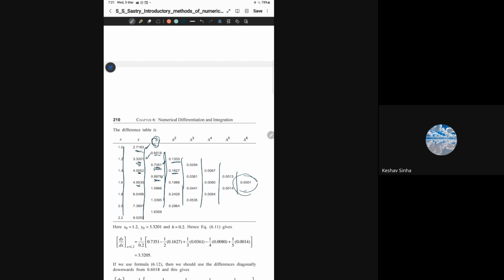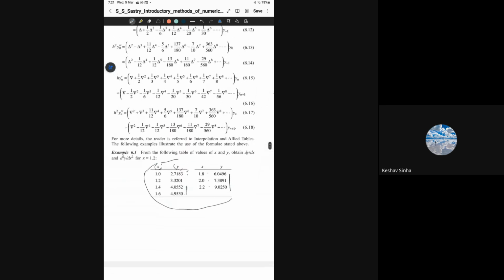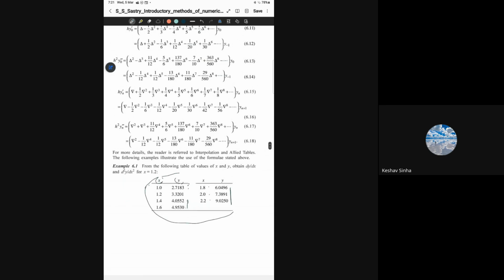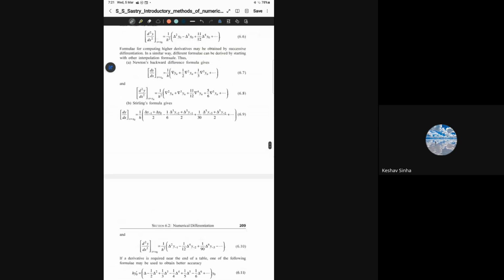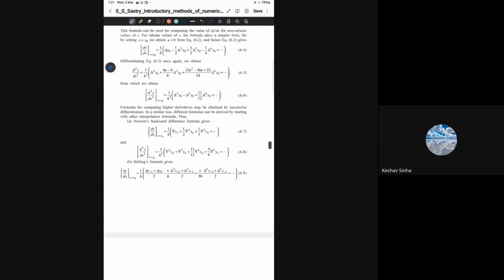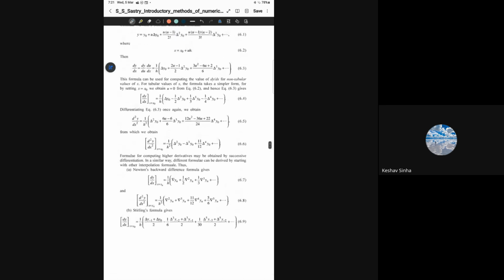Now, what is the formula that we will be using for finding the derivative?